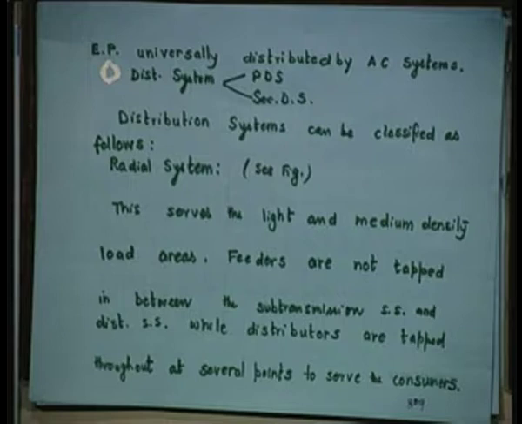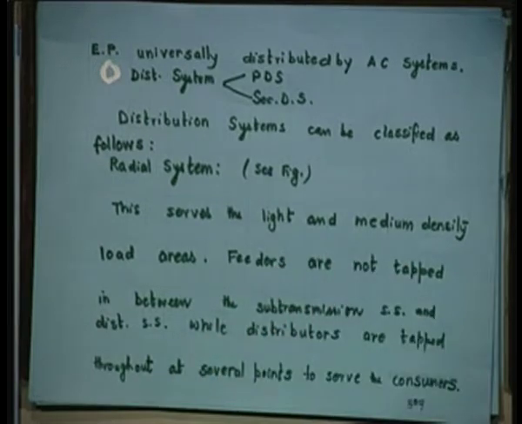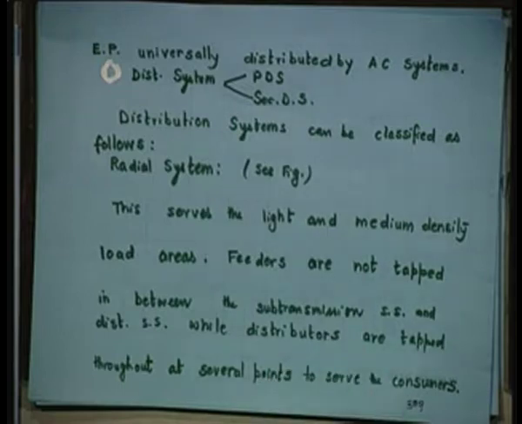Feeders are not tapped in between the sub-transmission subsystem and distribution subsystem, while distributors are tapped throughout at several points to serve the consumers. This has to be properly designed, where you want tappings, which route you want to follow, which will be optimal, because each meter of cable costs, it is not free.